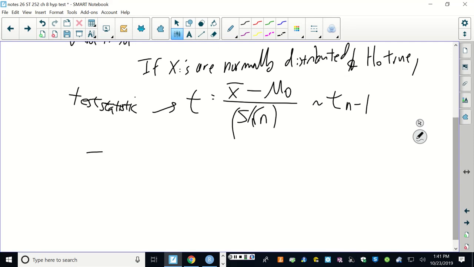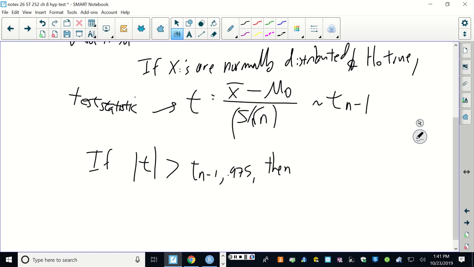So if the test statistic, or I'll say the absolute value of it, is greater than the 0.975 level, the 97.5th percentile, if it's out there, bigger than t, then we reject H0 at the alpha equals 0.05 significance level.